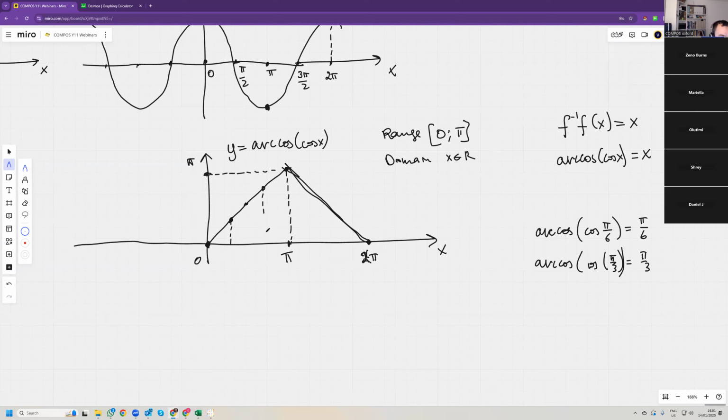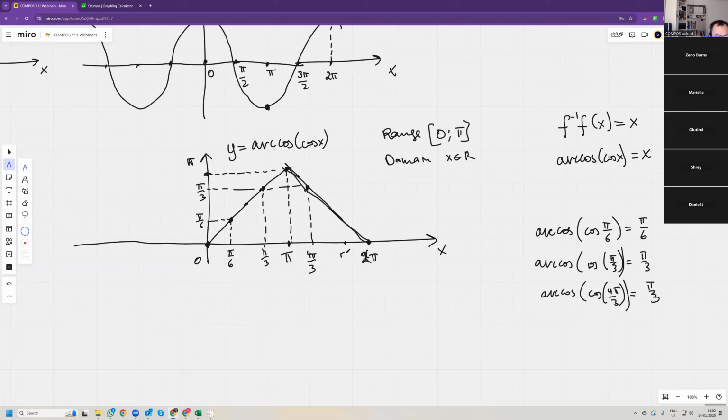So pi over 3, pi over 6, and pi over 6. And this is pi over 3. Now, if you do arc cos of cos of 4 pi over 3, that would be pi over 3 as well.